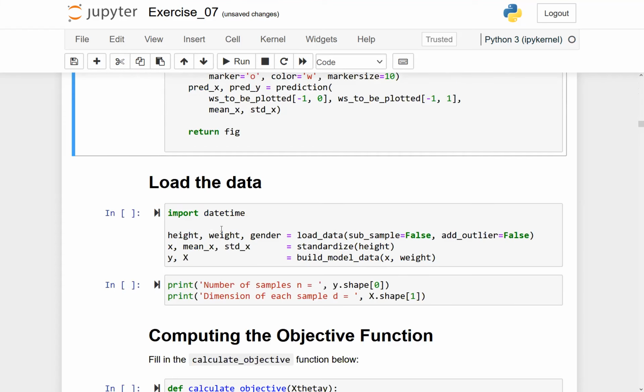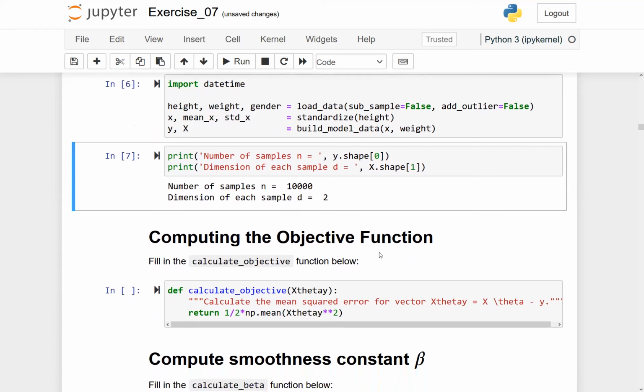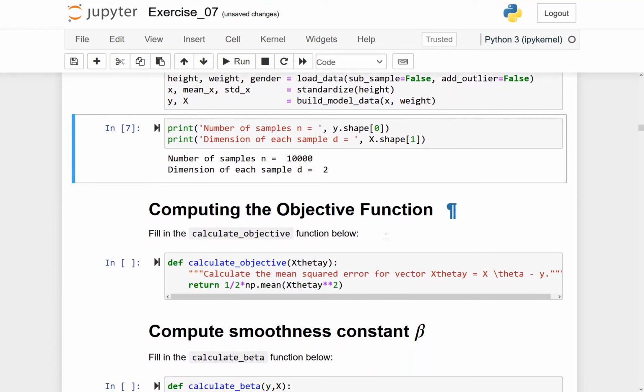Although it's perhaps better the other way around, but it doesn't matter so much. We have 10,000 samples. The dimension is 2 because we have these dummy features, where we have all ones in one column.